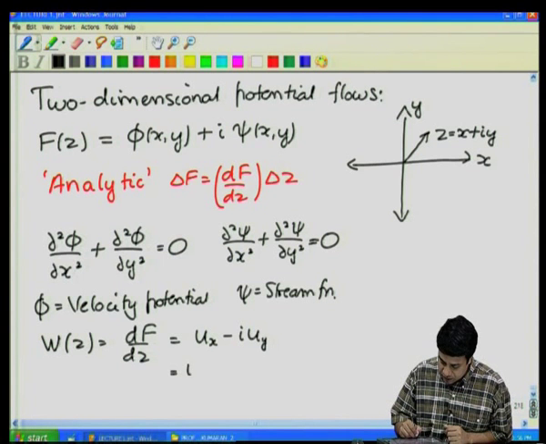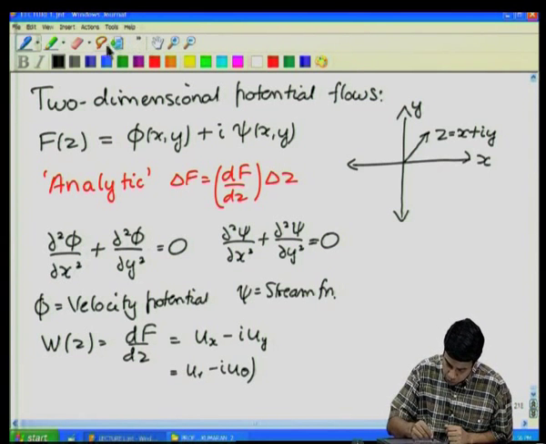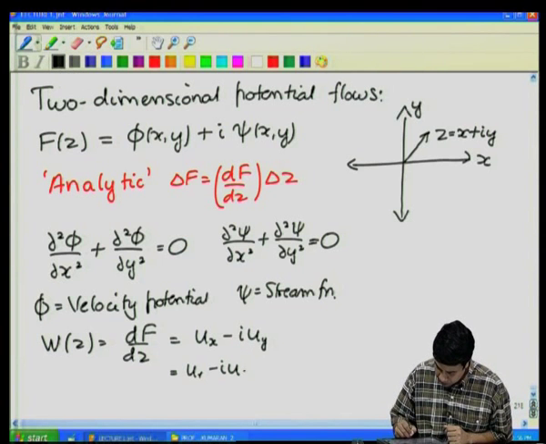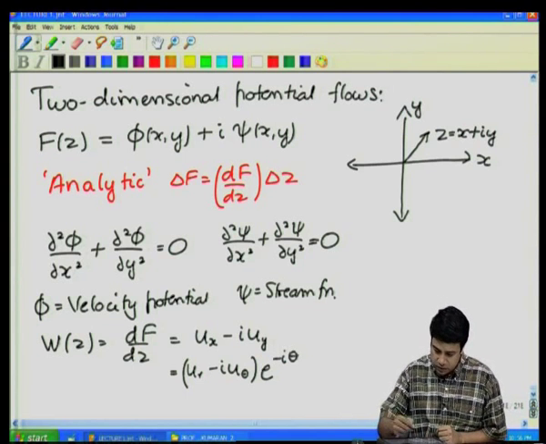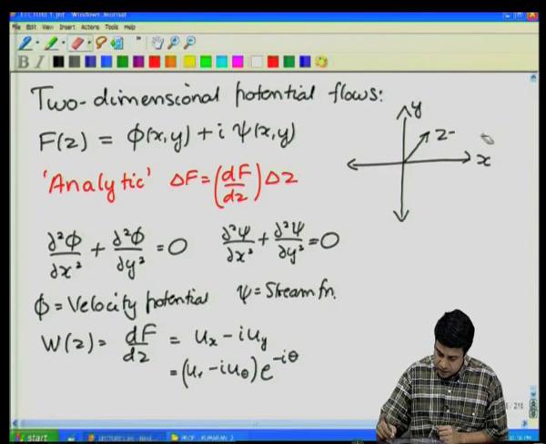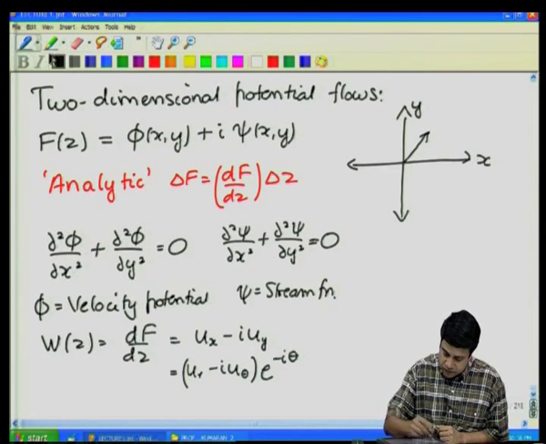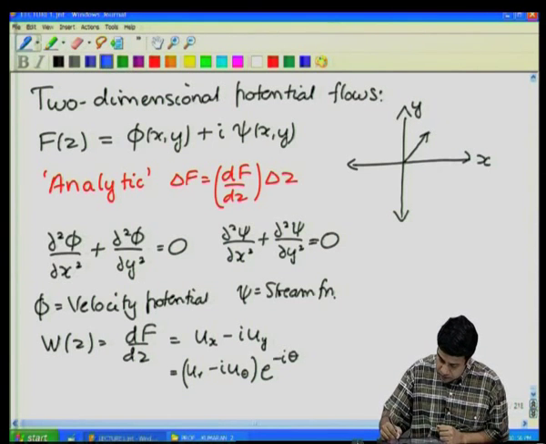It can also be written as ur minus i u theta, times e power minus i theta, where ux and uy are the components of the velocities in the x and y directions at a given location. So, at a given location, this is ux.